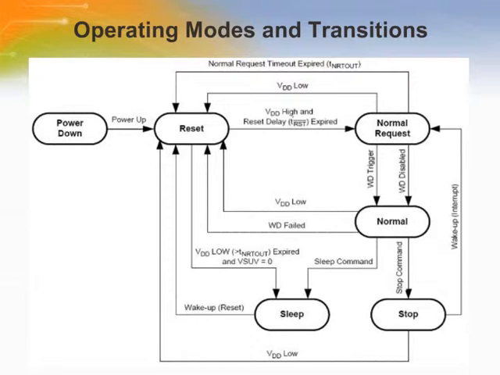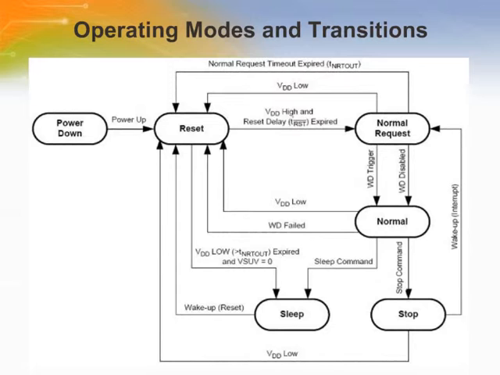The 33911 offers 3 main operating modes: a normal run mode, stop mode, and sleep low power mode. In normal mode, the device is active and is operating under normal application conditions. The stop and sleep modes are low power modes with wake-up capabilities. In stop mode, the voltage regulator still supplies the MCU with VDD, limited current capability.